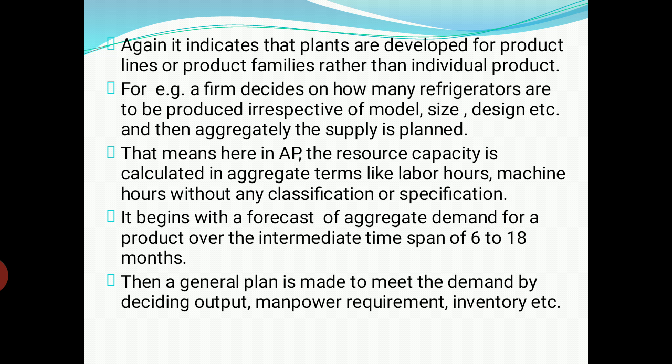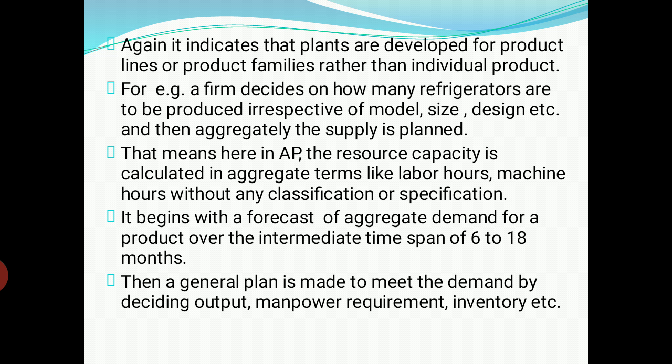The same example has been taken up there. That means here in AP, the resource capacity is calculated in aggregate terms, like how many labor hours may be required, how many machine hours will be required, and how many materials, and whatever the requirement may be, how we are going to get it without any classification or specification.